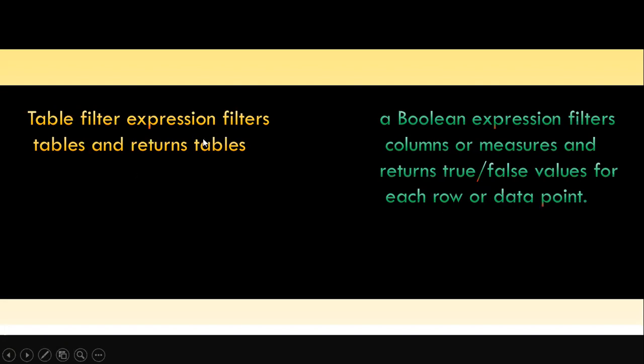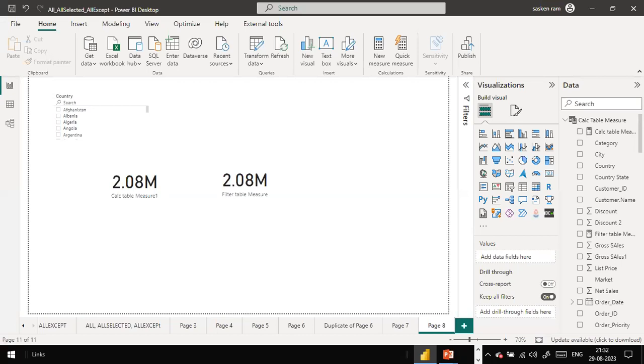Okay, the table filter expression filters tables and returns tables. Like the filter function, it filters the data in your table and then returns the table. Whereas the Boolean expression filters the columns or measures also. So what do you mean by measures? That we will see a little later.